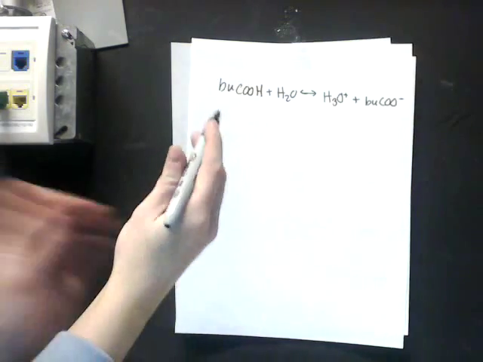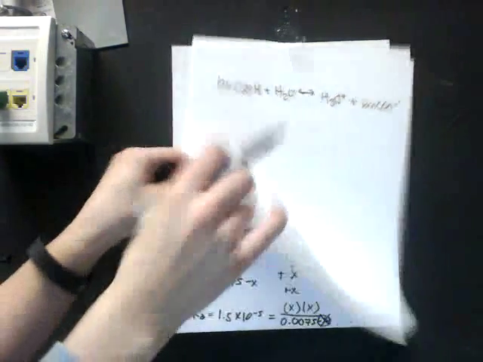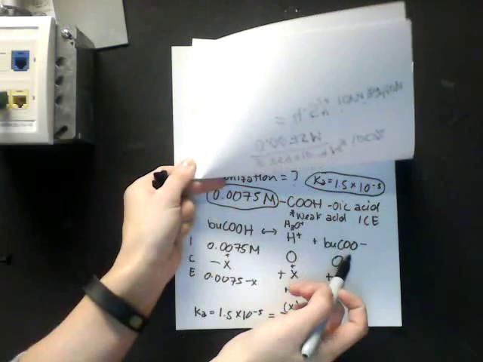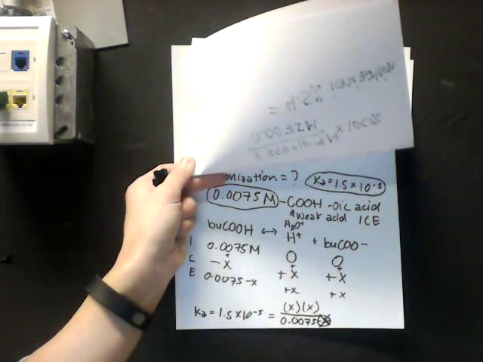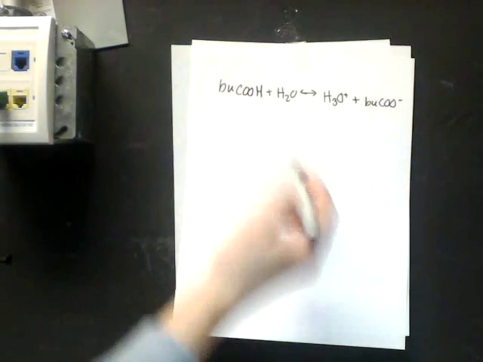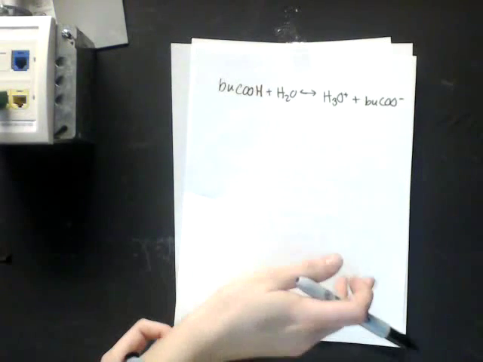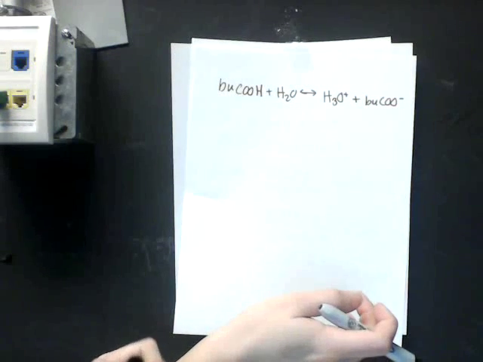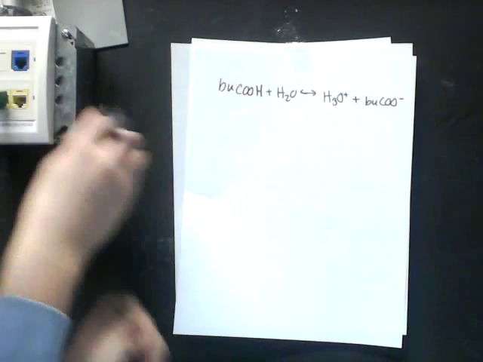That's what I was talking about on this page. You can write it exactly like this, or exactly like this. It means the exact same thing, right? And then in your ICE chart, you're just going to cancel out the H2O because you never include liquids in your equilibrium expressions or in your ICE charts.